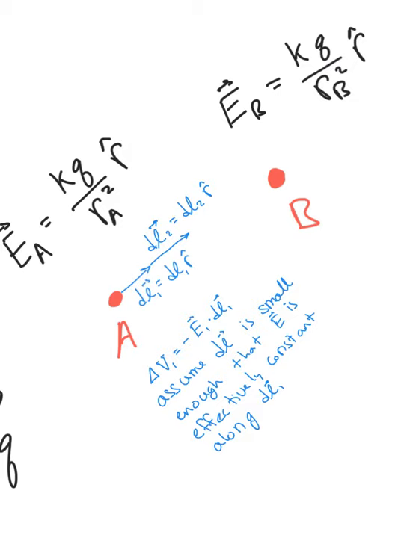Again, I could make the argument that dl2 is small enough that the electric field is effectively constant, and I could write some delta V2 as negative E2 dot dl2.